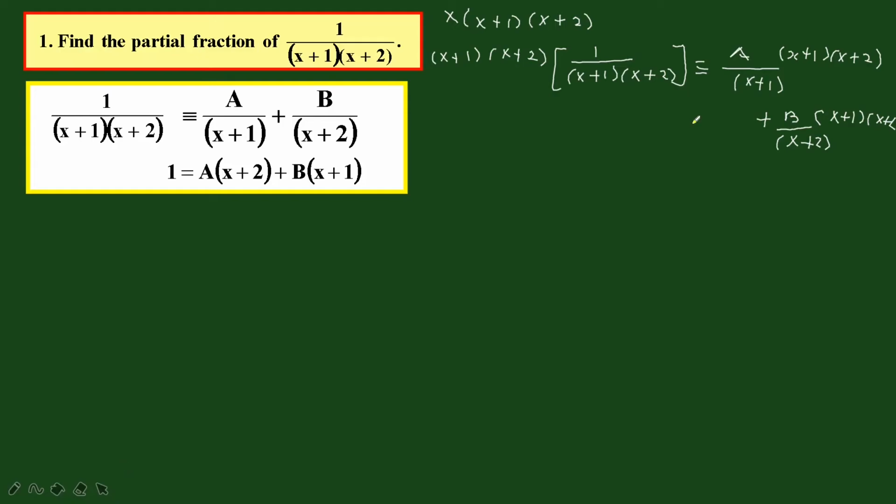So what I'm going to do is get rid of this whole thing, and I'm going to get rid of x plus 1 and x plus 1 here. That's why if you look at the answer here, I have a multiplied by x plus 2. And for x plus 2 here, I'm going to get rid of that also.